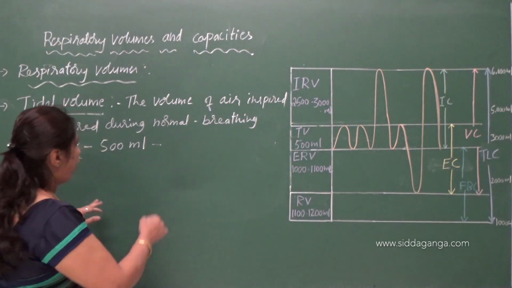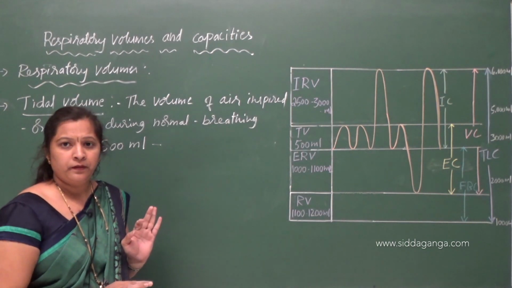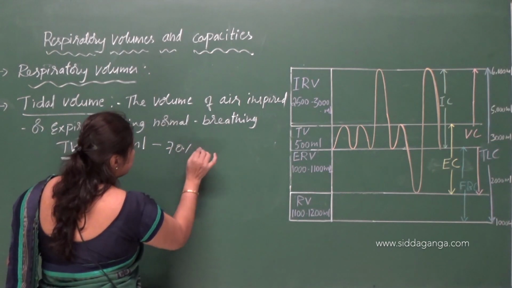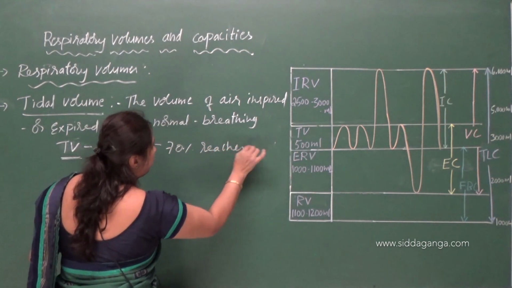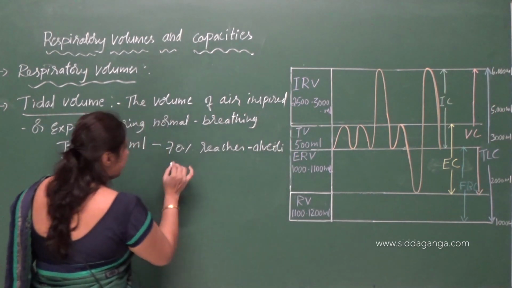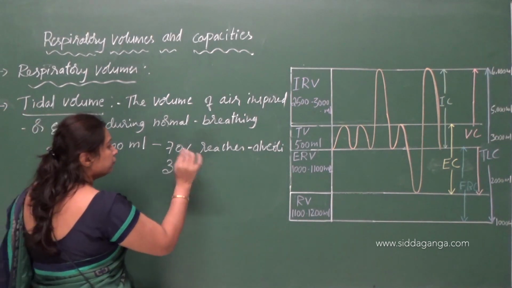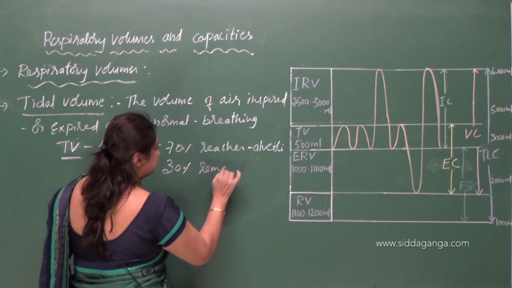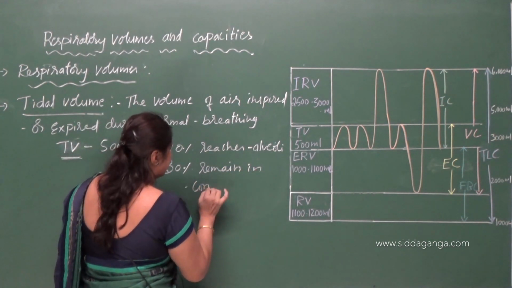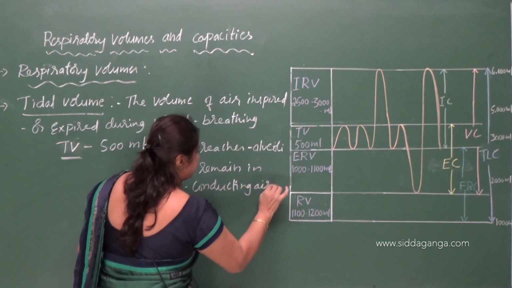Right. Okay. So all of this air will not reach up to the alveoli. Only 70% of it reaches up to the alveoli. The remaining 30% of air will remain in the conducting airways.